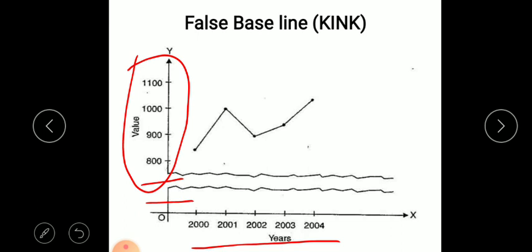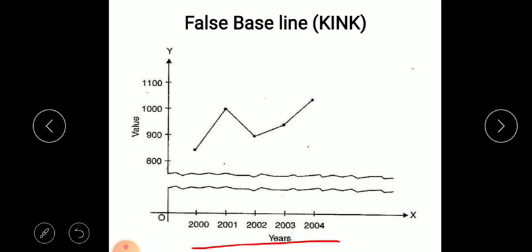So what I'm doing is breaking the line, and a false baseline is being created here. If you take 1 centimeter equal to 100 tons, then it would have been 100, 200, 300, 400, 500, 600, 700, 800, which goes out of your graph paper itself, and you cannot draw it on your graph paper. So to avoid such things, from 0 I have cut a line here.